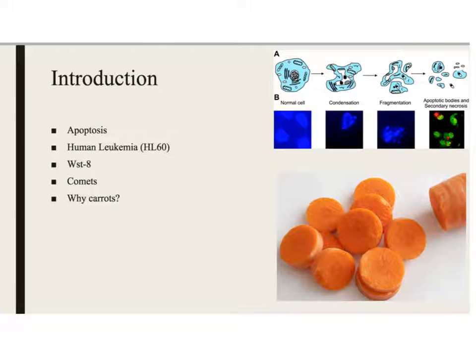We looked at human leukemia cells, which are also known as HL60 cells. These are promyeloid progenitor cells that normally differentiate into myeloid cells, a type of white blood cell. But in leukemia, it gets stuck in the undifferentiated state and divides uncontrollably, causing acute myeloid leukemia.